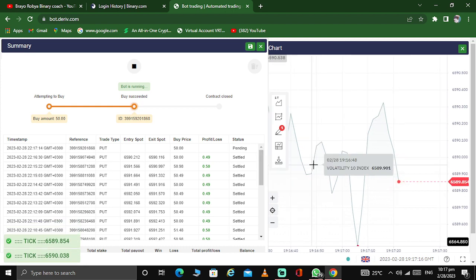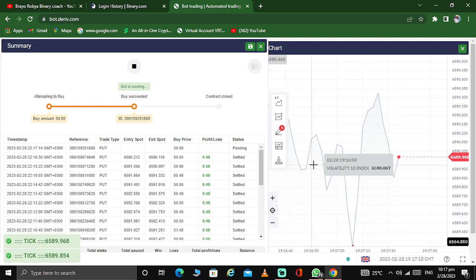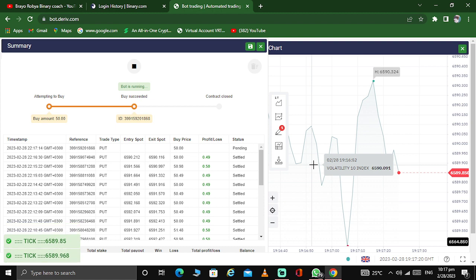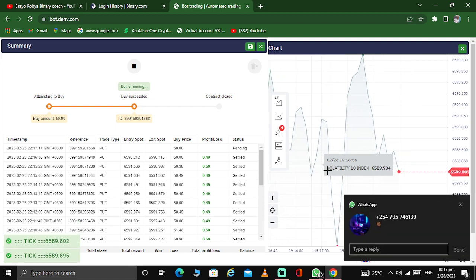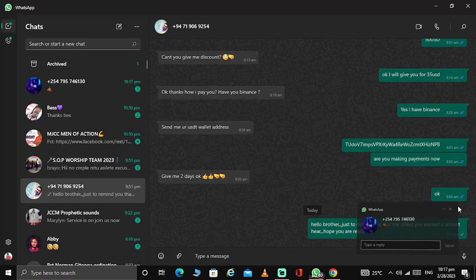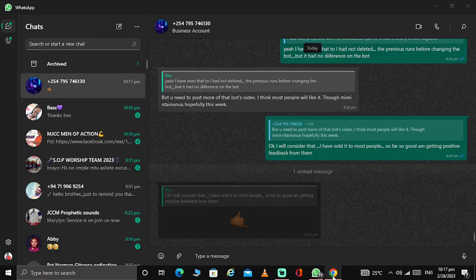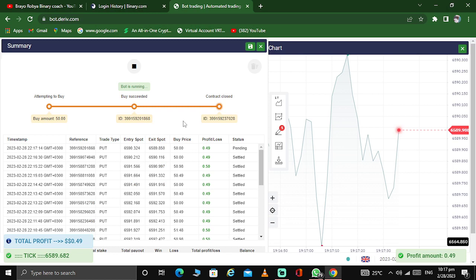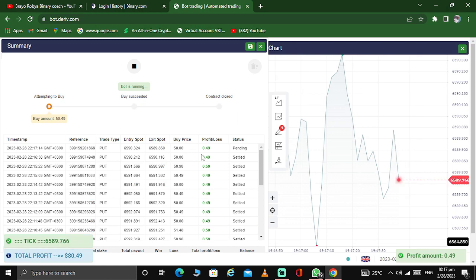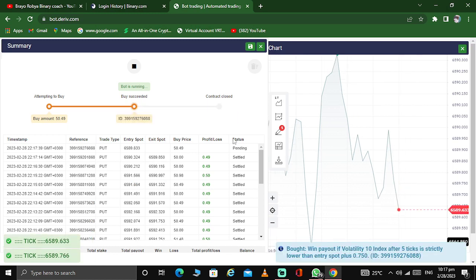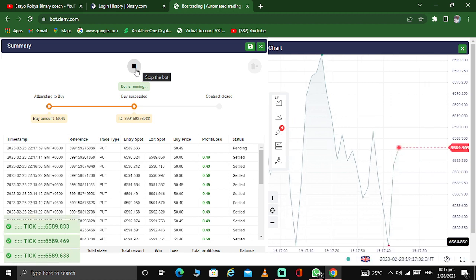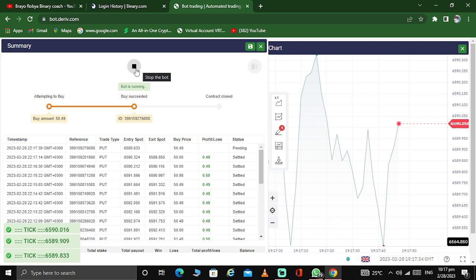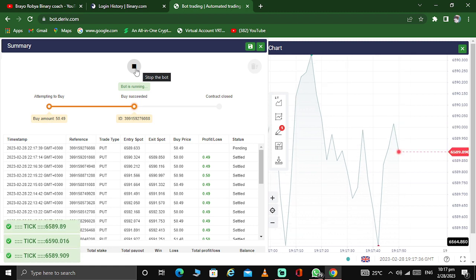So this is how to grow and earn yourself some huge amount of cash. If you have a $50 account, you can always try and use this $50 the way I've shown you here, and make yourself some cash per day.